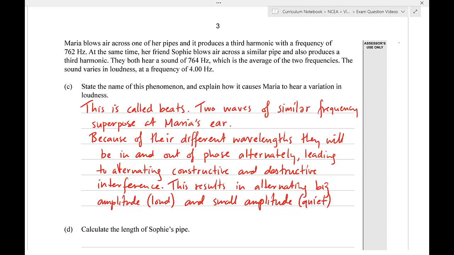So we have stated the name and we've explained how it causes Maria to hear a variation in loudness.